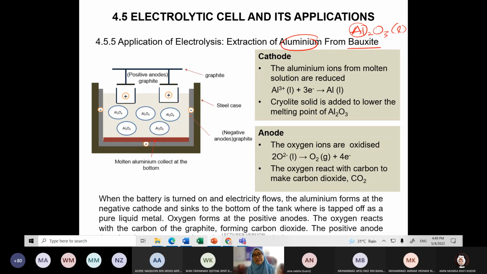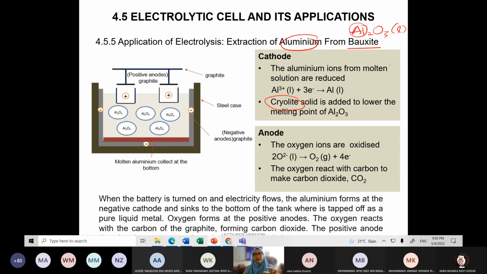Very high. Using such a high temperature is again costly and very expensive. So, as an alternative, how do we solve this problem? Industry dissolves the bauxite into a solvent known as cryolite. If you want to know in detail, you can read on the internet. This is very common.